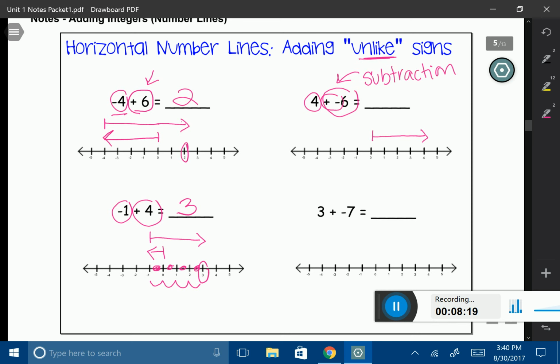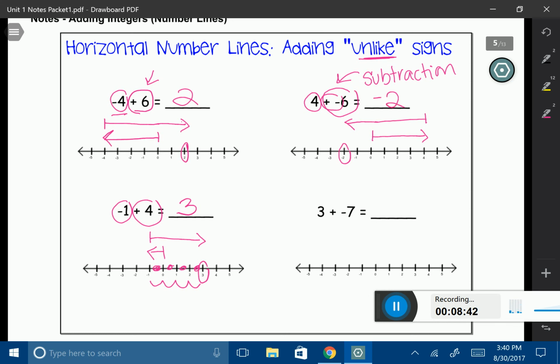So now we're going to turn around, and we're going to go down 6. I'm going to go down 4 to get to 0, and then I'm going to continue on 2 more because the total will give me 6. So 4 plus negative 6 is going to give me negative 2.